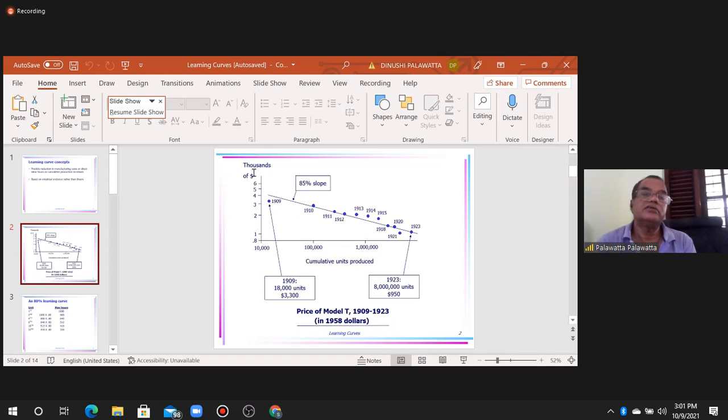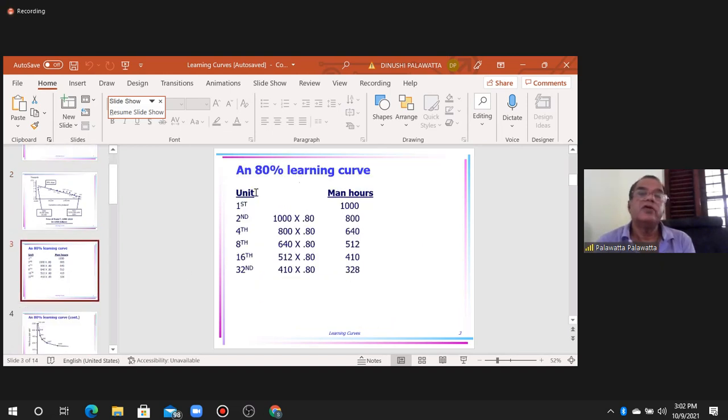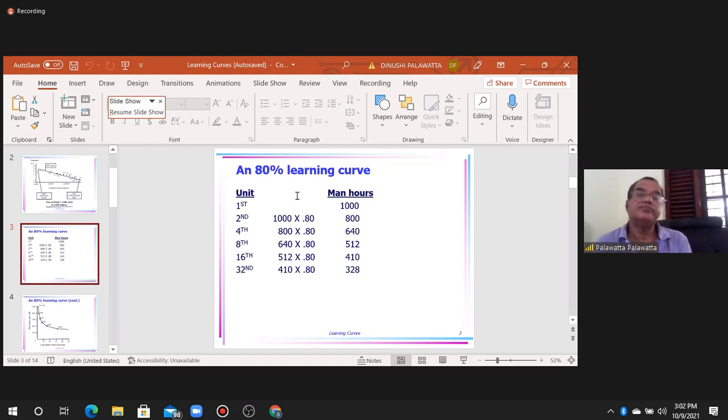The vertical axis is number of dollars. So let's say 80% learning. The learning curve principle is like this.